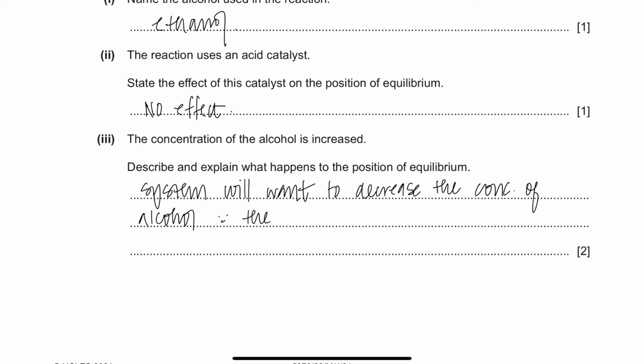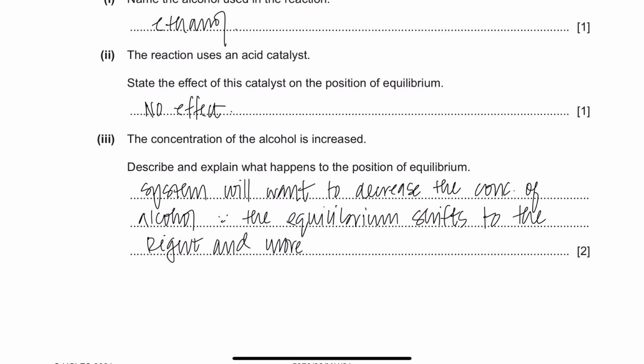Therefore, the equilibrium shifts to the right and more products are made. Or you can say the equilibrium shifts to the right and the concentration of alcohol decreases, or the extra alcohol is going to be used up, right? Because it's talking in terms of alcohol, why tell them in terms of products, right?